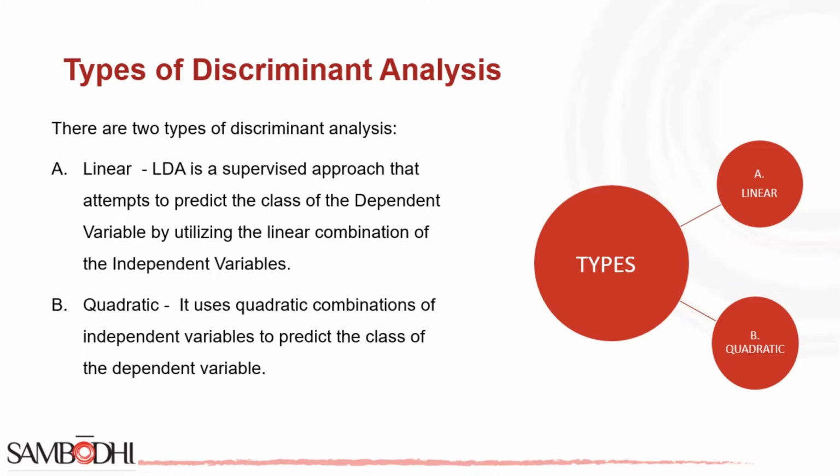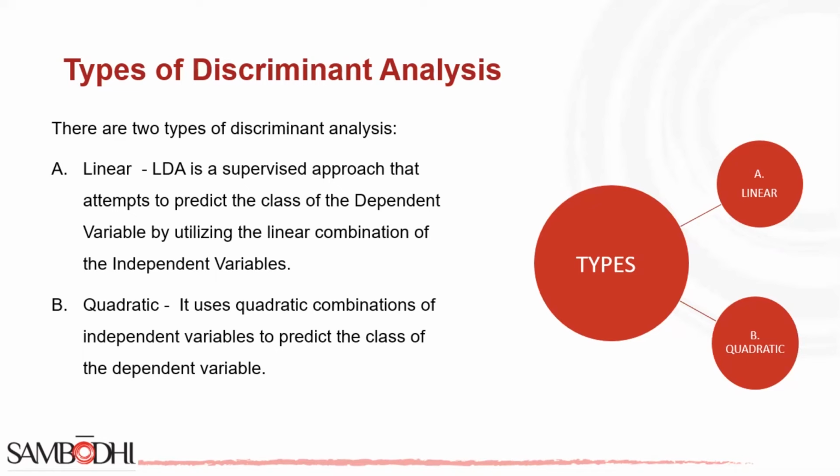It is predicated on the hypothesis that the independent variables have a normal distribution, are continuous and numerical, and that each class has the same variance and covariance. Both classification and dimensionality reduction may be accomplished with the assistance of this method.